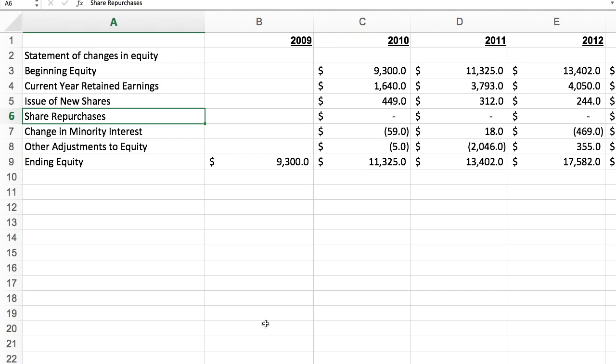And unfortunately, we would have to solve what those adjustments are to get balancing CFIs. So I created this change in equity tab to basically solve for the other adjustments to equity that the accountants made to CAT's balance sheet so that I could get our CFI to balance.